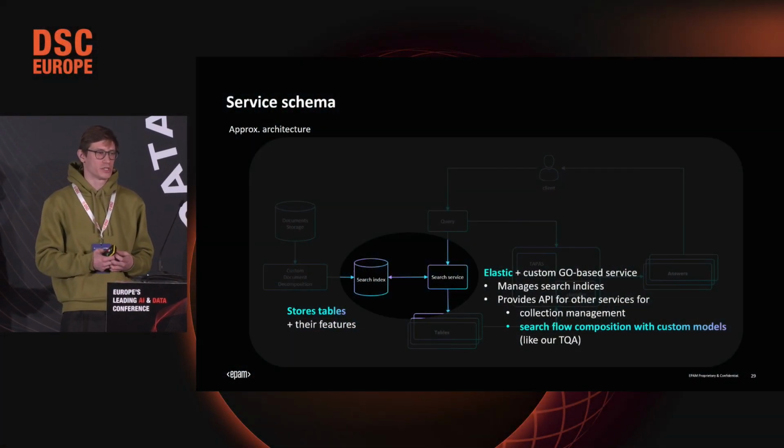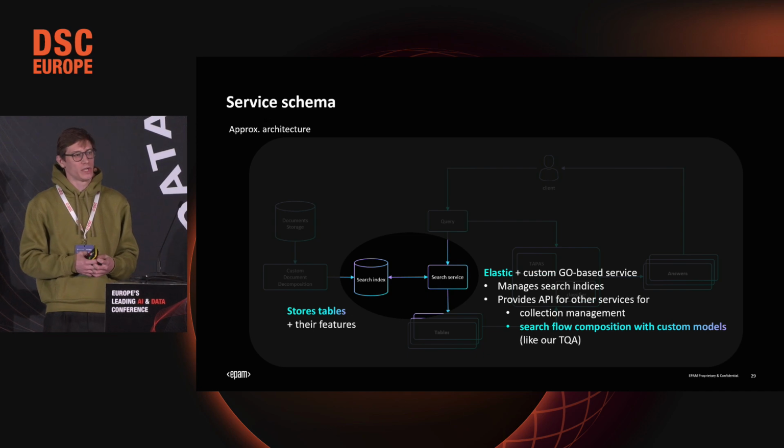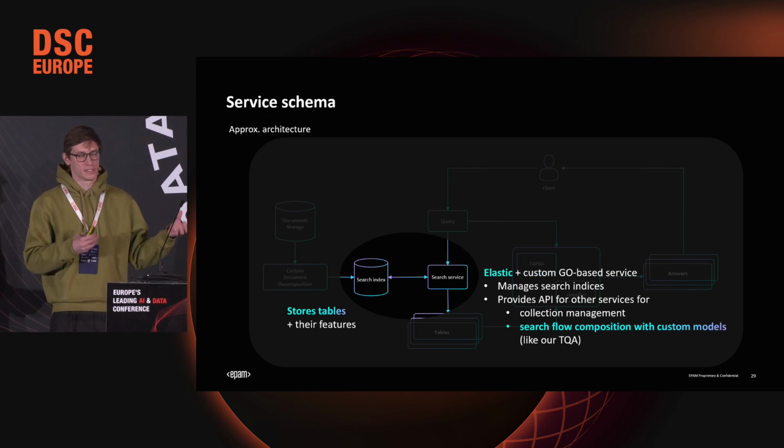No, we actually do not embed the tables. The index I showed here is not a vector index. We basically store them as JSON structures, and we have a first-stage retrieval in our search system, which does basically keyword search.